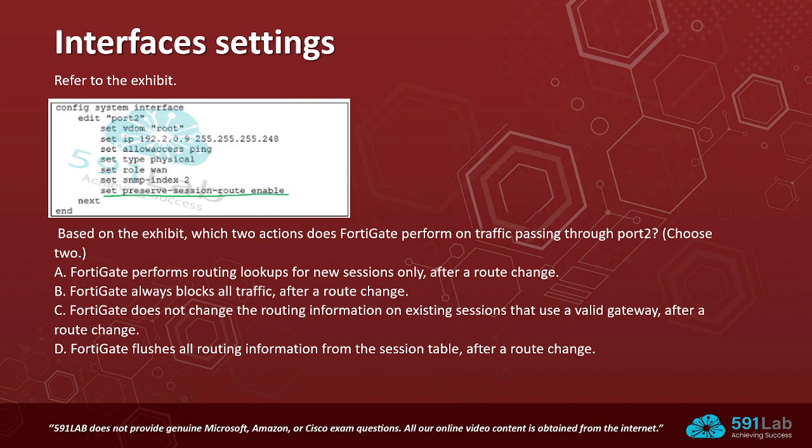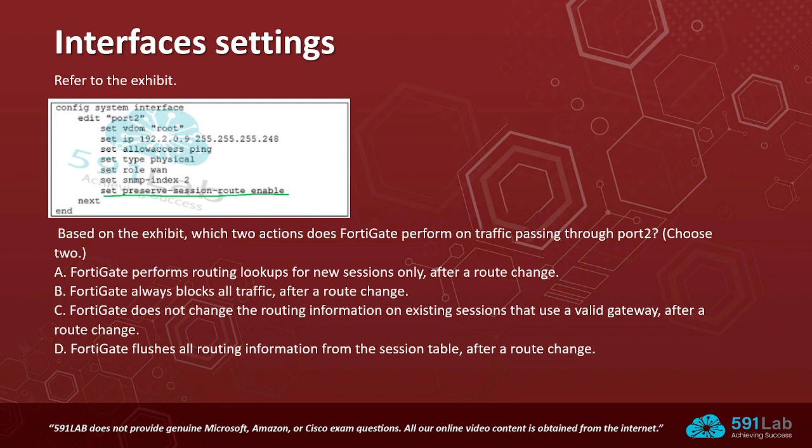So let's take a look at the options. The A, FortiGate performs routing lookup for new sessions only after a route change. As you can see, the command is about preserve session route. This command doesn't want the FortiGate to make a change on the session if you don't make a change.